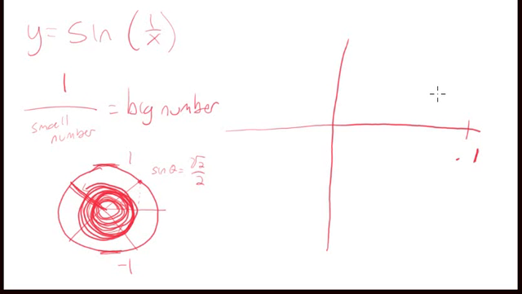So, say for 1 divided by 0.1, we're putting in 0.1 for x. 1 divided by 0.1 is going to be 10, and 10 is something like, let's say it's something negative, I'm thinking.